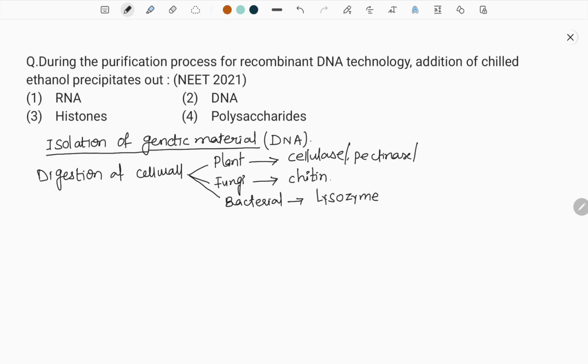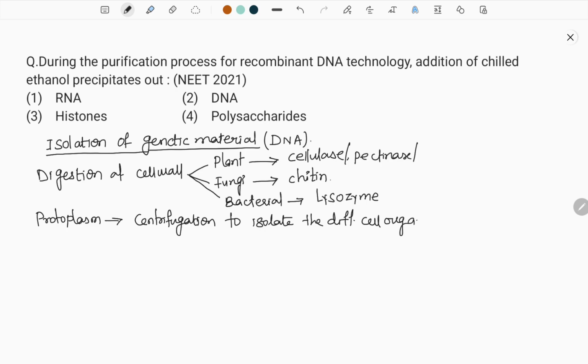After digesting the cell wall, we get the plasma membrane along with protoplasm. So, the protoplasm is subjected to centrifugation to isolate the different cell organelles, that is chloroplast, mitochondria, ribosomes, endoplasmic reticulum, Golgi complex, lysosomes, peroxisomes.